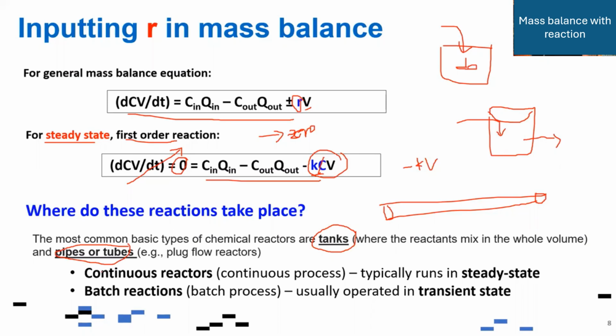So we can have continuous reactors, a continuous process wherein there's an input and an output going out. And we can also have batch reactors. It means that you just put something inside and leave it there to react, and after we get the reaction that we want, we can put it out and replace it with a new one and react again.